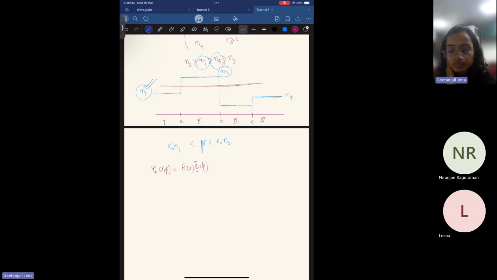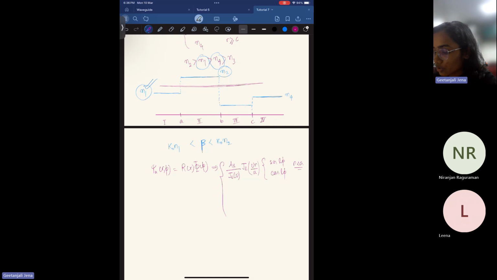Other than the exponential term, you can write this as A_l over J_l(U) times J_l(U r by a) times sin l phi or cos l phi, for r less than a, that is inside the core.